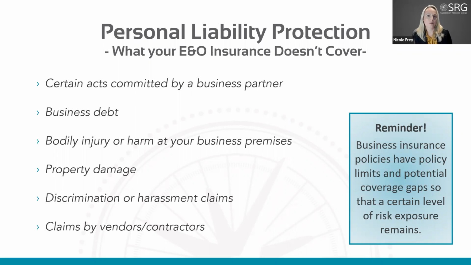A lot of times that would open you up to liability for the acts committed by that partner. The same goes for business debt, which would also not be covered by your business insurance. Sometimes that debt requires you to sign a personal guarantee, so again, you would be on the hook personally for that debt. But some of the loans might not require that, so you could avoid it by having that loan with your formal entity.